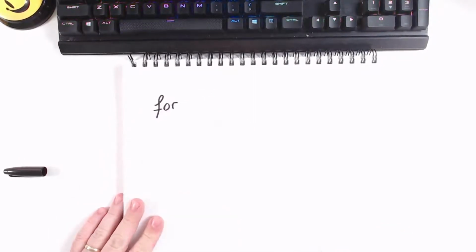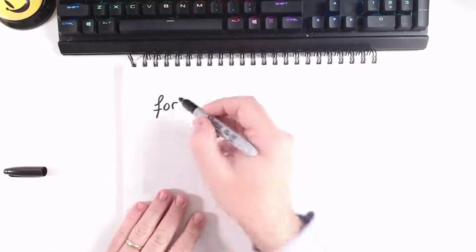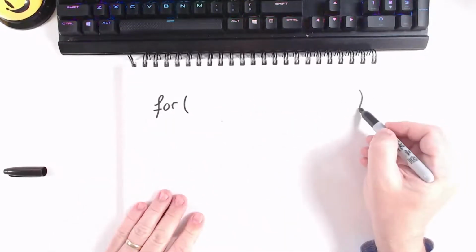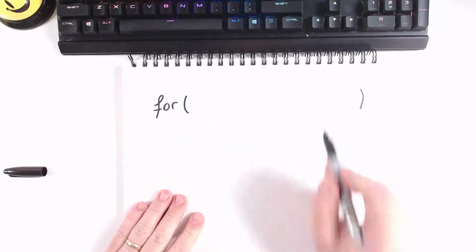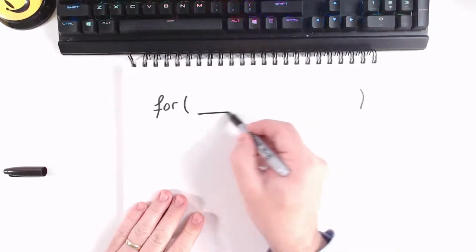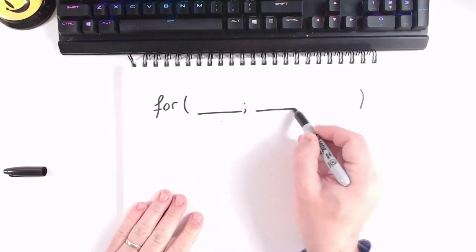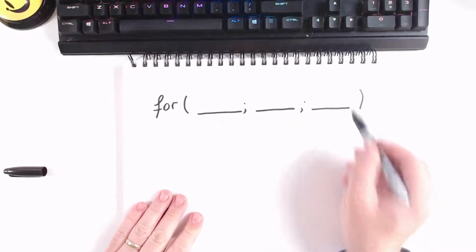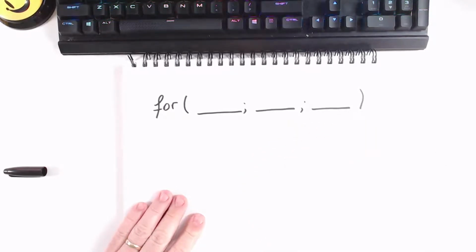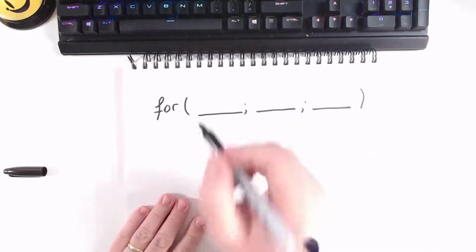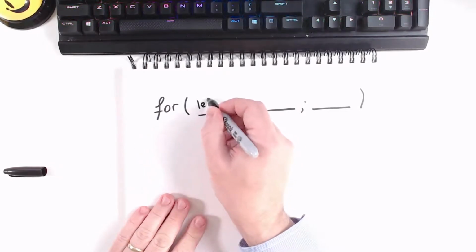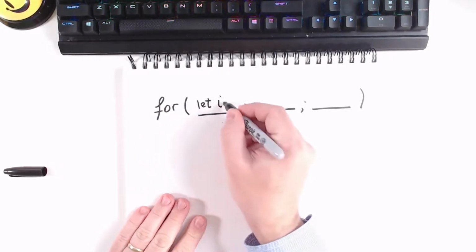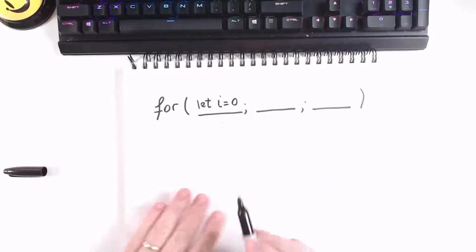We write the keyword for, and then in between parentheses we put three parts. In the first part we declare a variable and we initialize it with a value.